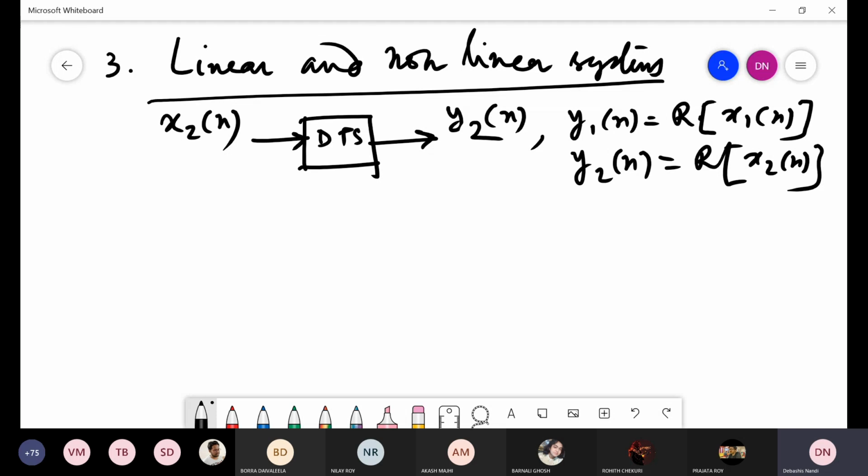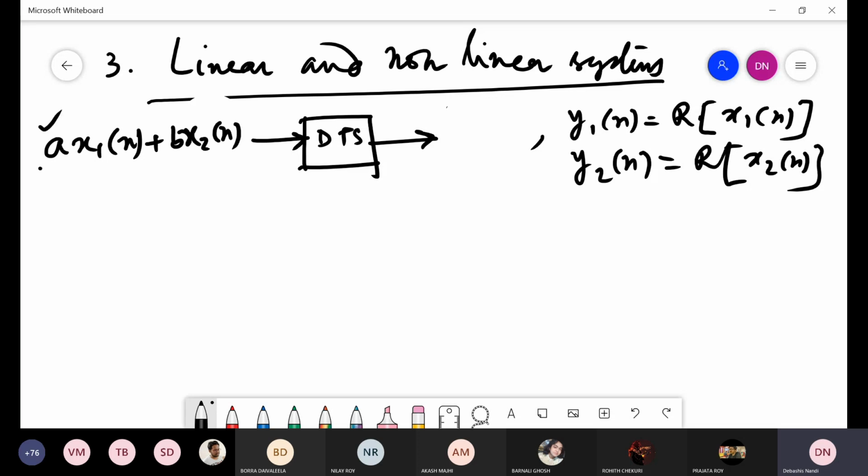Now you apply a linear combination of the input signals x1[n] and x2[n] to the same system. That means you apply a x1[n] + b x2[n], where a and b are constants. So you are taking a linear combination of the two input signals.